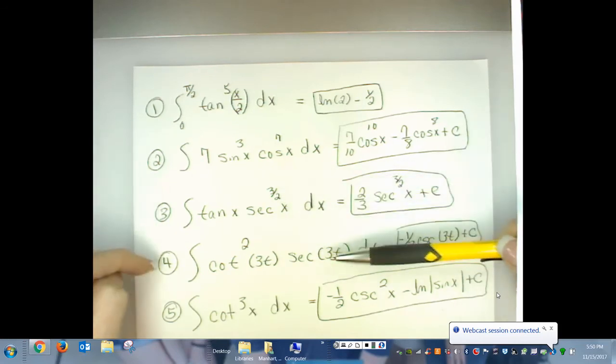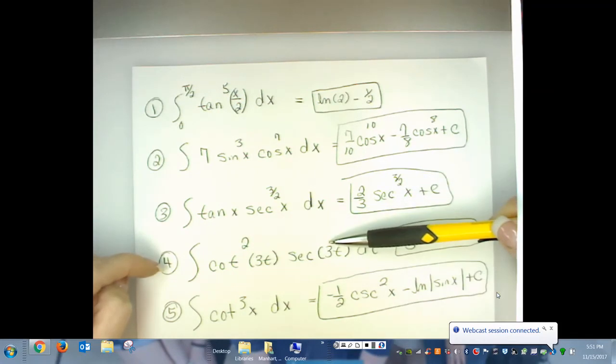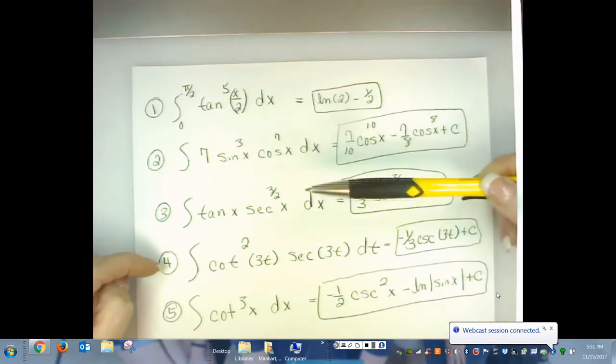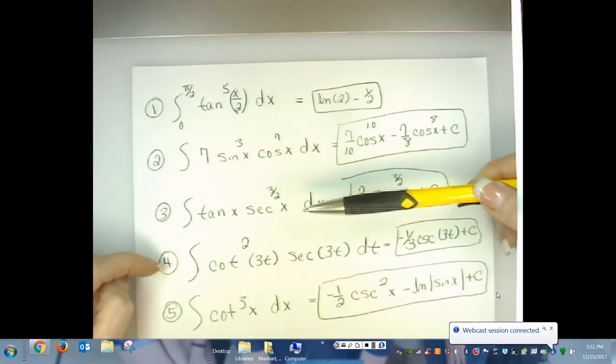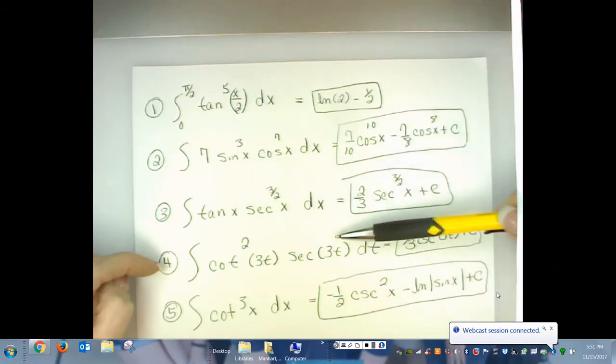For problem number 4, if you notice, it's a combo of cotangent squared and secant together. For this particular problem, we will also do an alternative method. We had a table for sine and cosine. We had a table for tangent and secant, but we did not have a table for cotangent and secant.